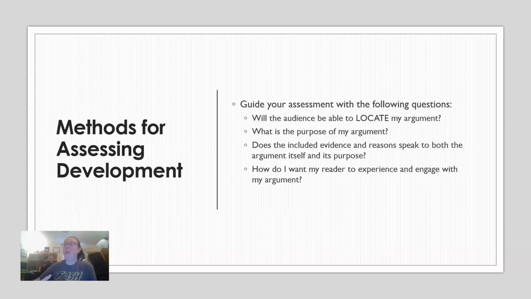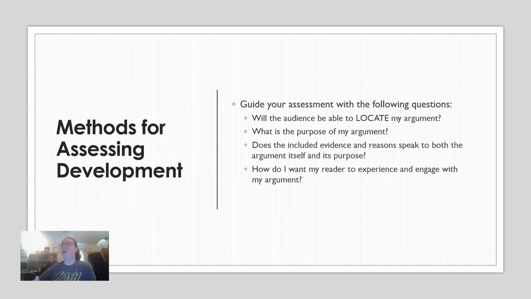So at this point, you have become very knowledgeable on the topic you're writing on. You have developed a very firm opinion that is supported by evidence that you hope your reader will also accept. And so you might go through and say, oh yeah, they can easily locate my argument. It's right here. But again, you are the one who wrote it.